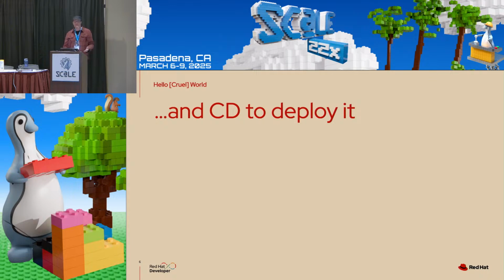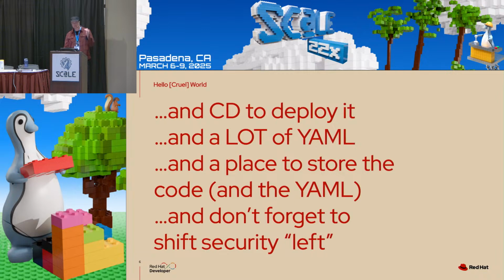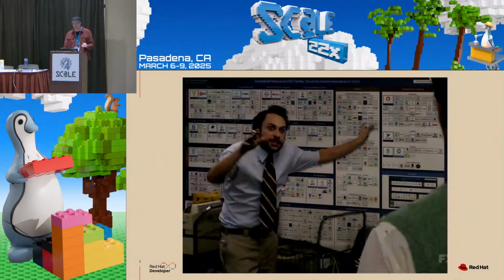They're going to need a CD to deploy this. They're going to need a lot of YAML to capture all of these different abstractions they're adding in, and a place to store all the code and all the YAML. And don't forget to shift security left, or whatever else you're trying to shoehorn into this process.